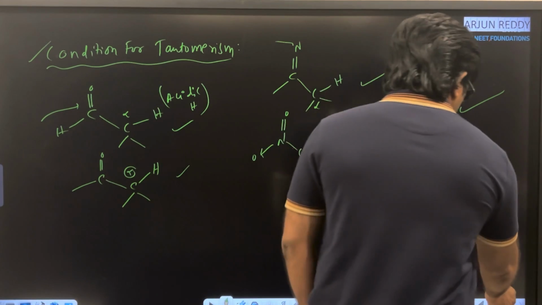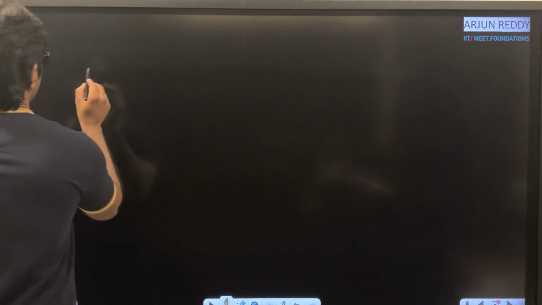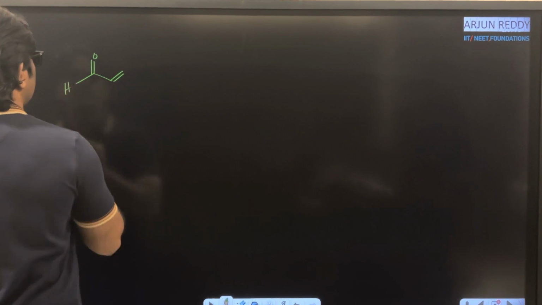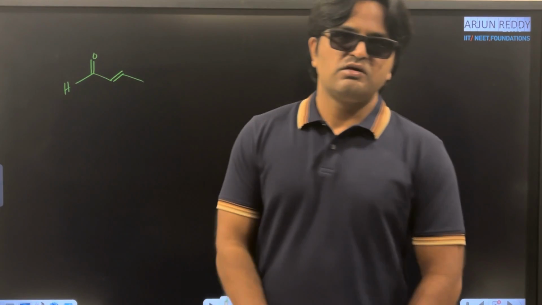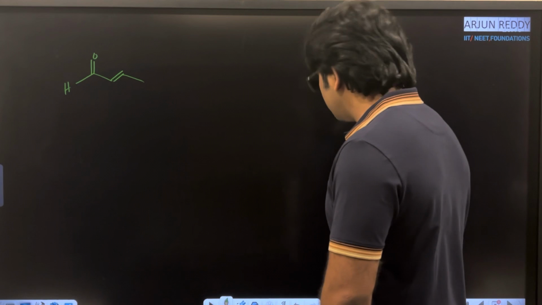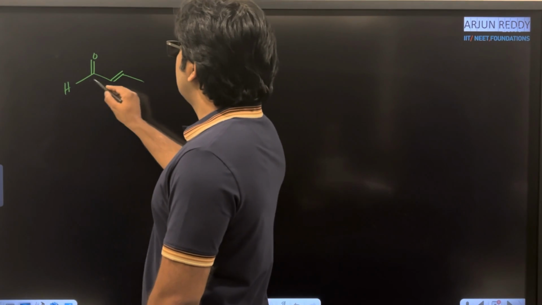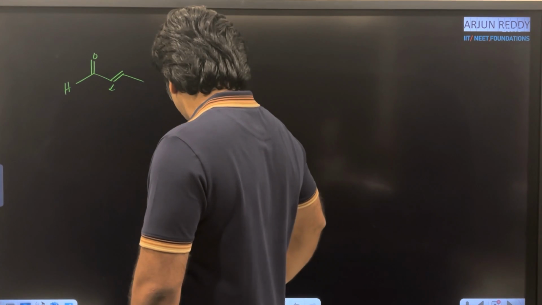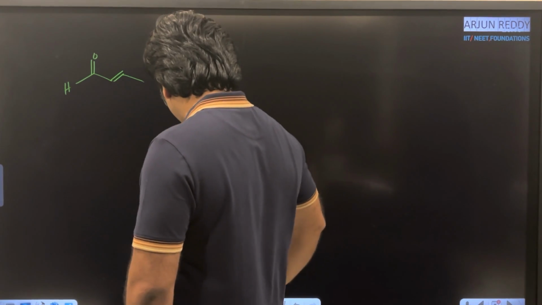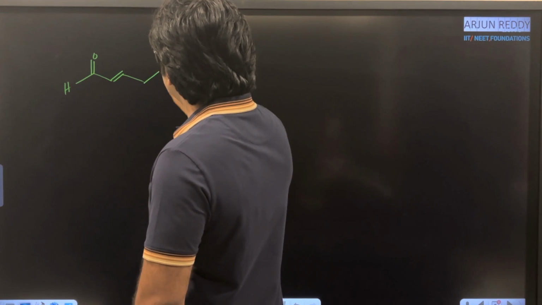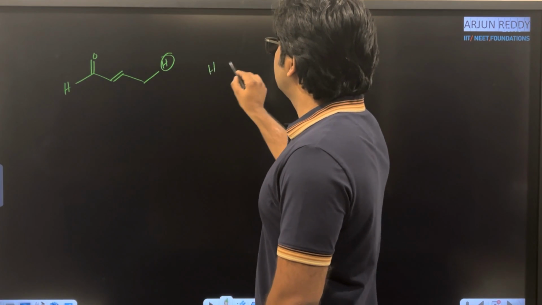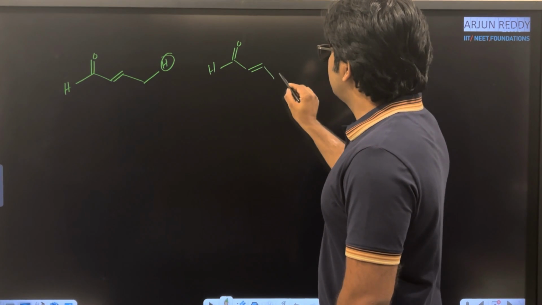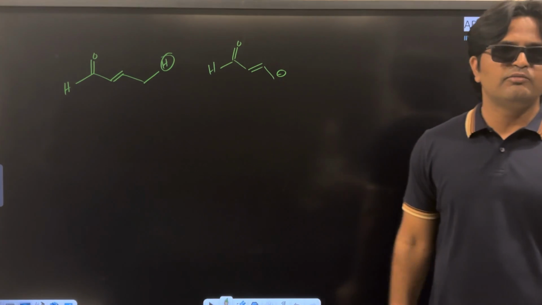For example, if the molecule is given like this, C double bond O, here I am taking hydrogen. Is it possible to produce tautomerism? Yes. Why? Because here this is the alpha carbon atom and this one is the beta carbon atom. For example, if you remove proton from this carbon atom, what is the result here? C double bond O, next one double bond, and this carbon atom gets negative charge after removal of proton.